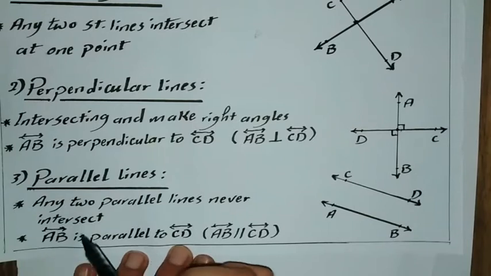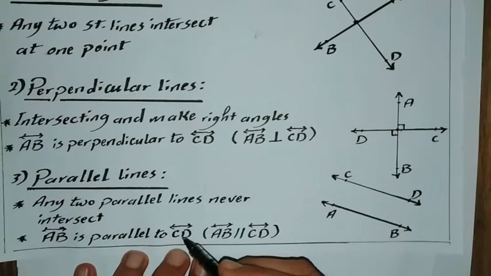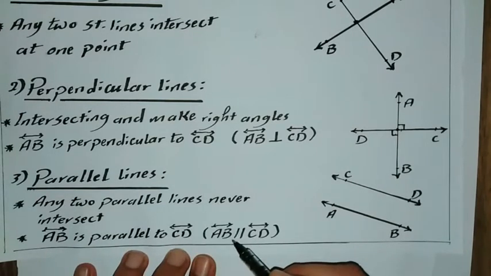Straight line AB is parallel to straight line CD. This is the sign of parallel to.